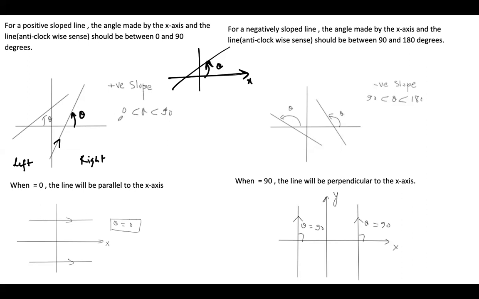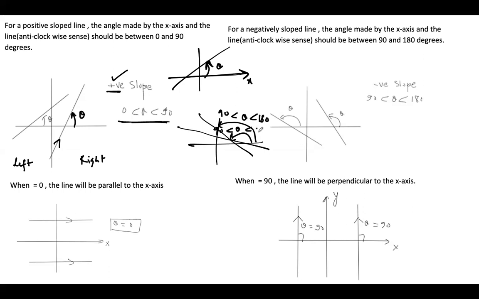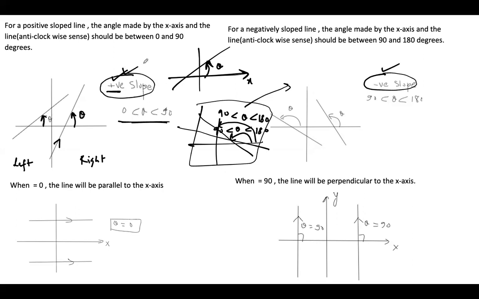If this theta is between 0 and 90 degree, then the slope is positive. But if the line is making an angle like this, all these angles are obtuse, greater than 90, less than 180. Here the slope will be negative, and in these cases, the slope is going to be positive.